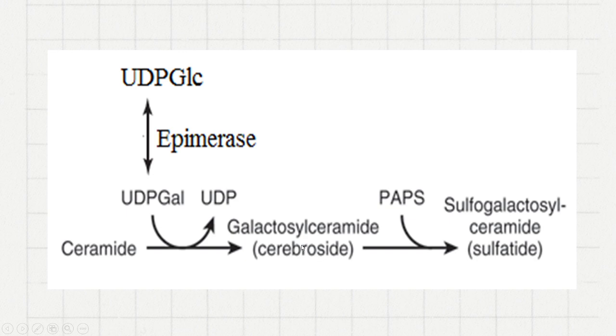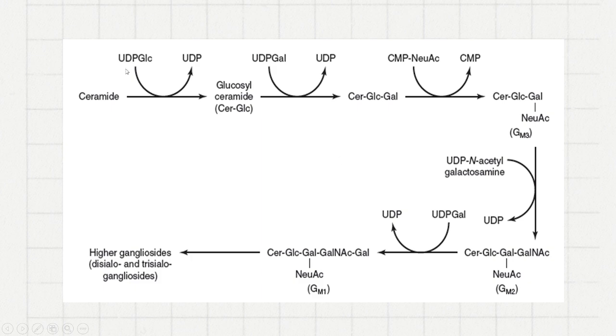Galactosyl ceramide is a cerebroside. And then PAPS is added to form sulfogalactosyl ceramide. And then there is addition of neuraminic acid, of another molecule of galactosamine, and addition of UDP galactose to form various forms of ganglioside, GM2, GM1.